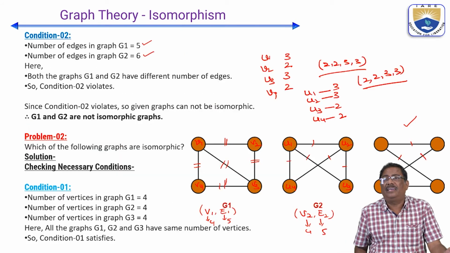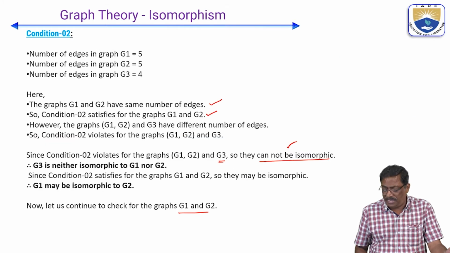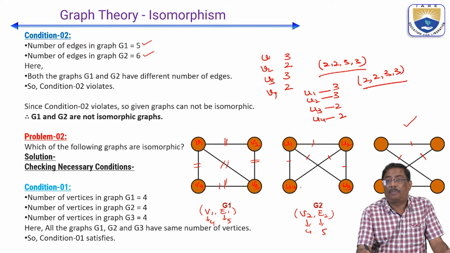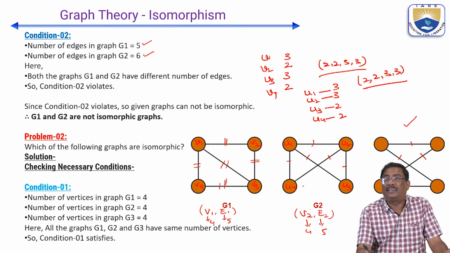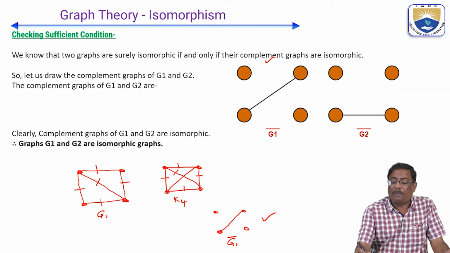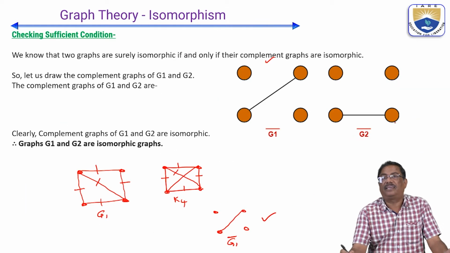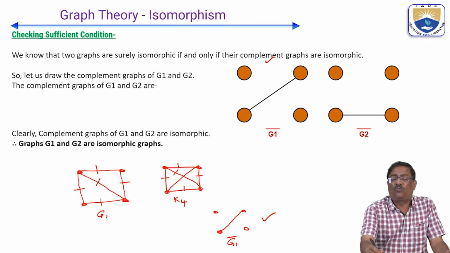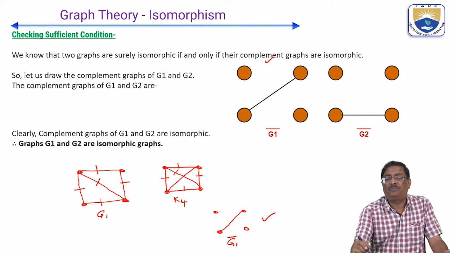In the same way, for G2 complement, observe this edge is not there. In the complete graph this edge will be there, but here this edge does not exist, so in the complement this edge will be there. Now, observe this. This has 4 vertices and this has 4 vertices.